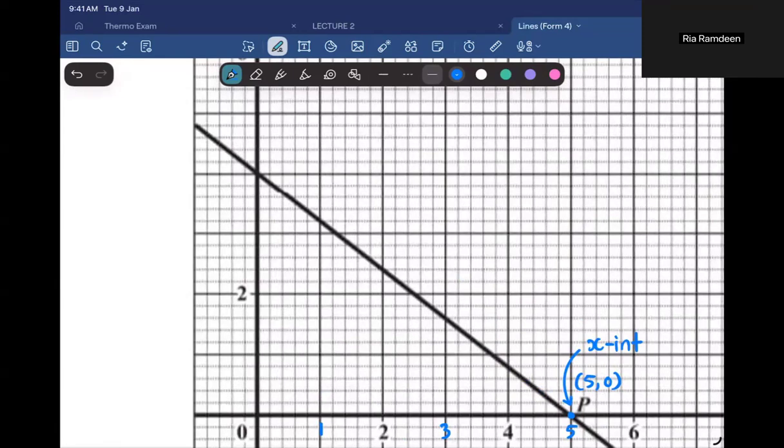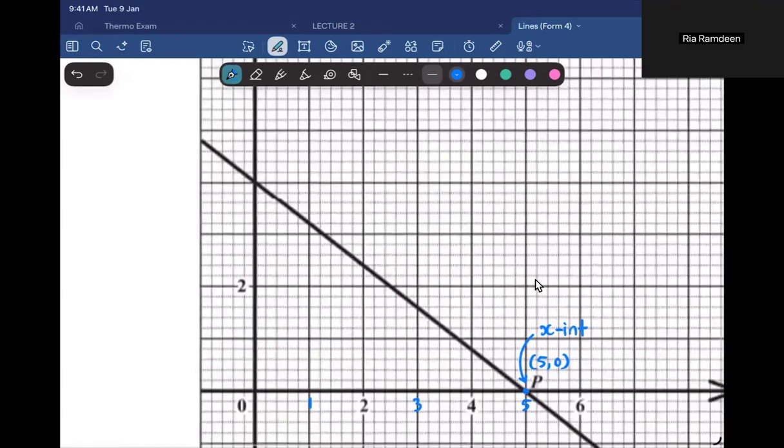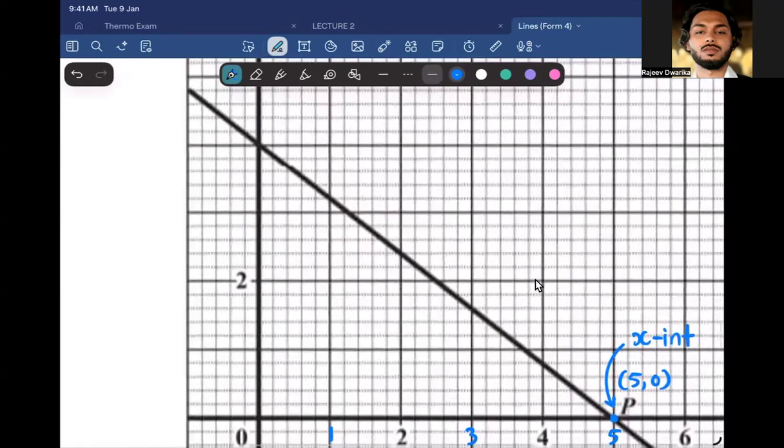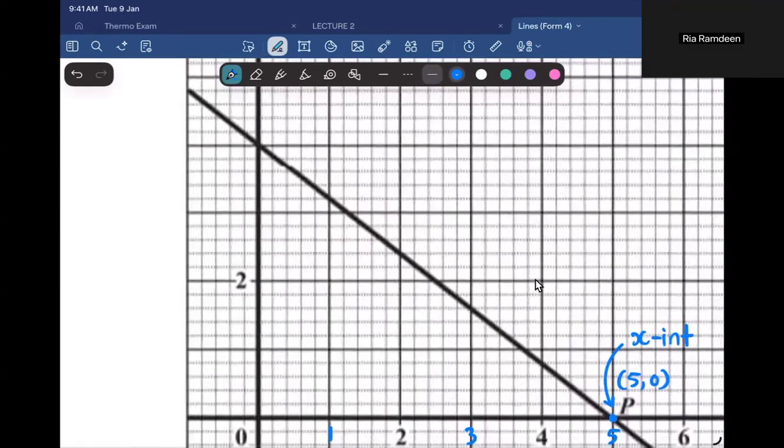0, 4. You'd be correct. If it's only on the y-axis, then the x component is going to be 0, and the y component is 4.